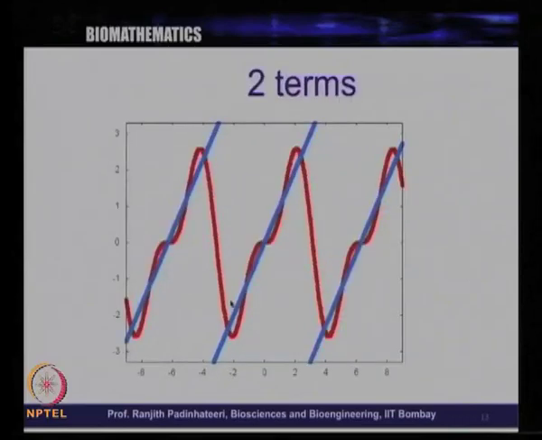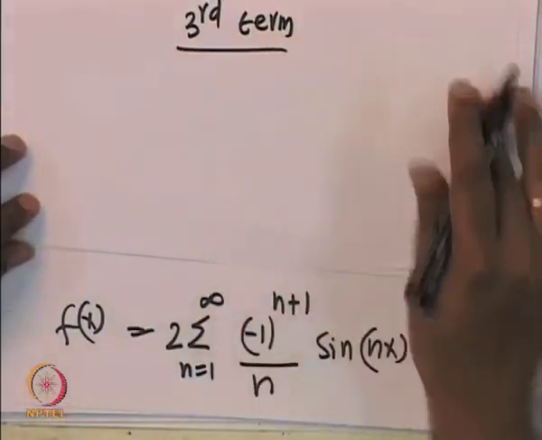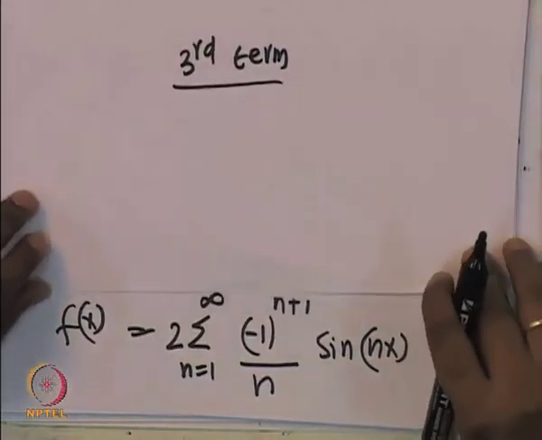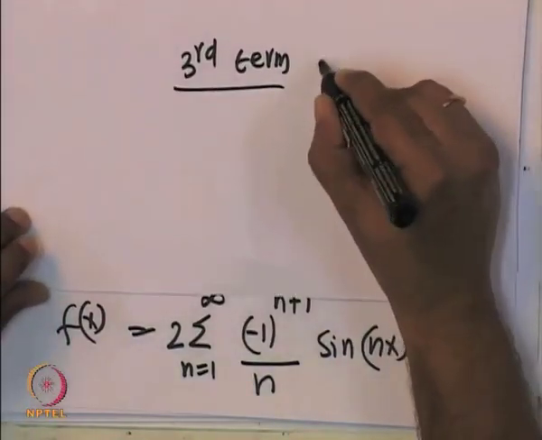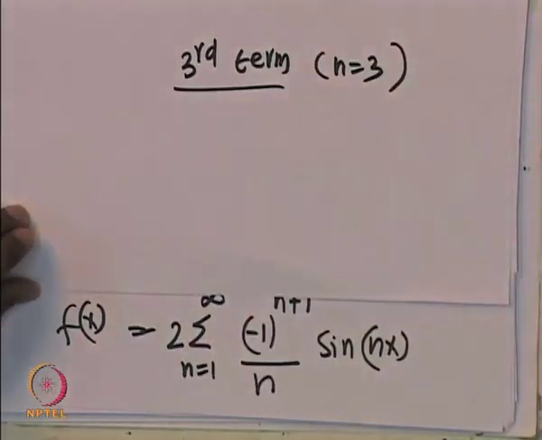Now, what is the third term? So, third term means n equal to 3. If you take n equal to 3 here, what you get?